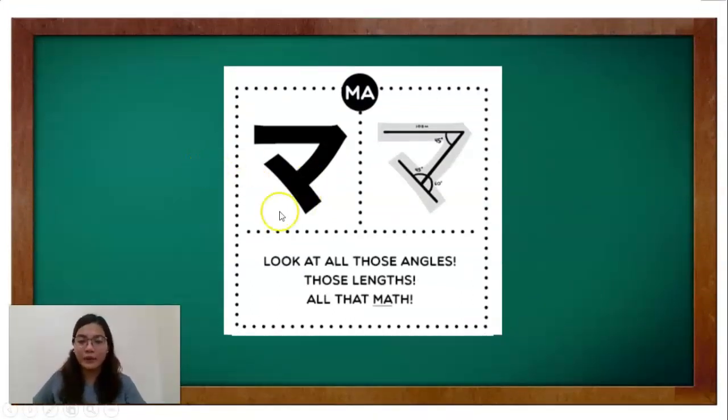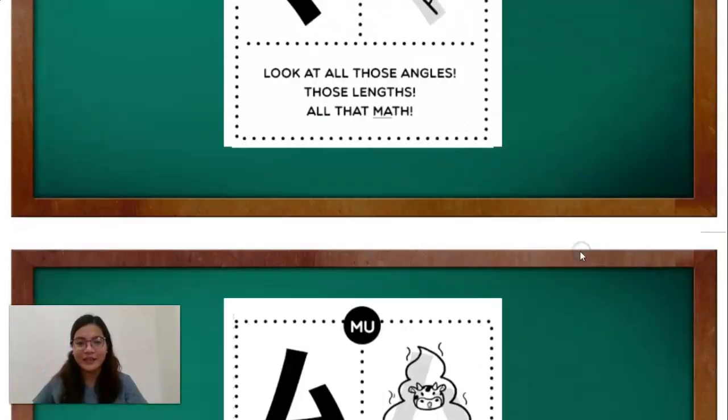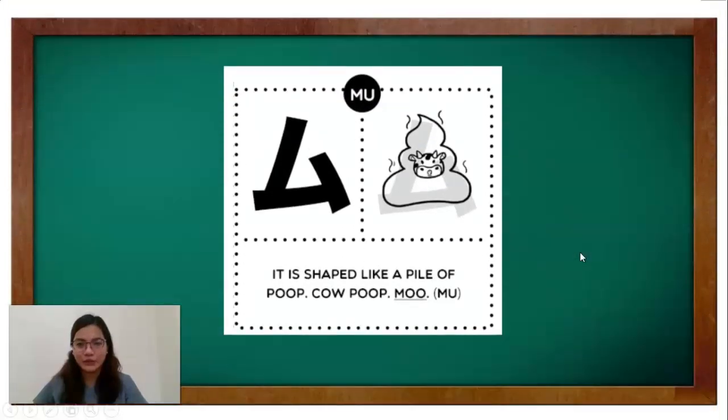Next, the ma row. Okay, so to think of a ma, look at all those angles, those lengths. All that, math. So ma as in math. Okay, next, mu. It's shaped like a pile of poop or cow poo.